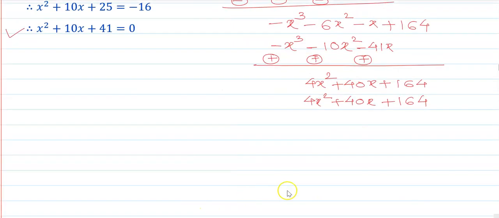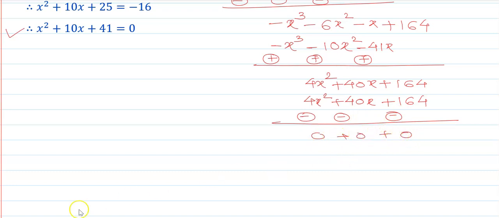And what about their subtraction? Change the sign. Here the minus, minus and minus. You will get here 0 plus 0 and plus 0. And hence the value of polynomial is nothing but the remainder and its value is 0.